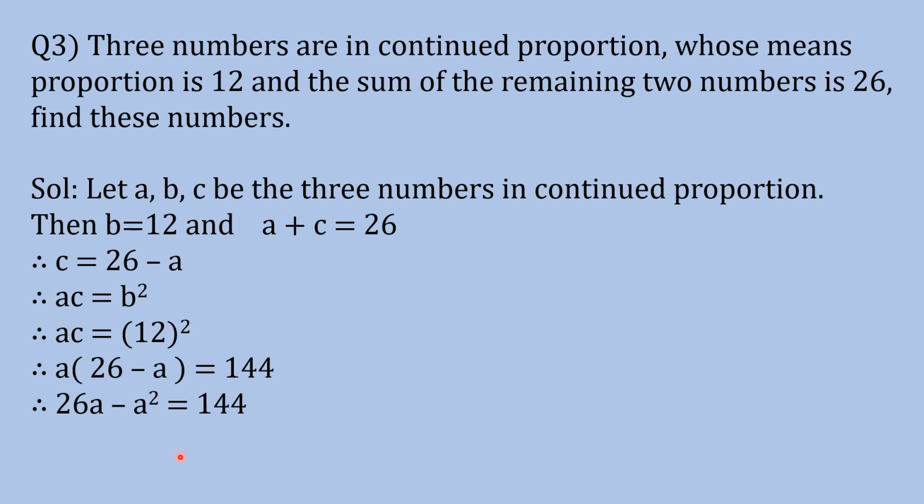So what will I get? A square minus 26A plus 144 equal to 0. Now can you see student, this is a quadratic equation which you have learnt in your 8th standard. So now we'll solve the quadratic equation.